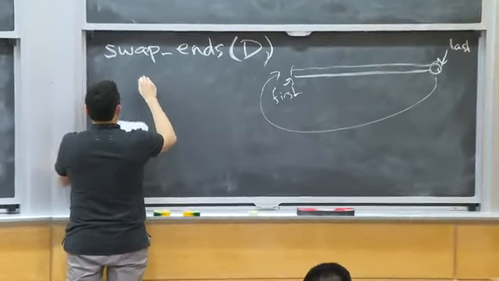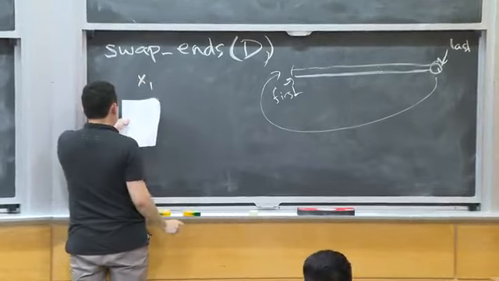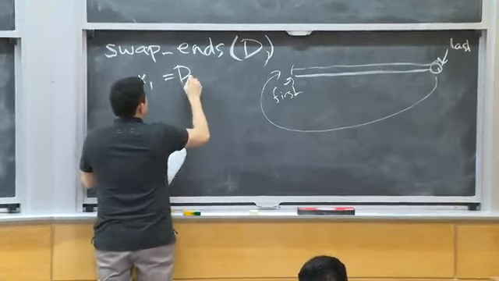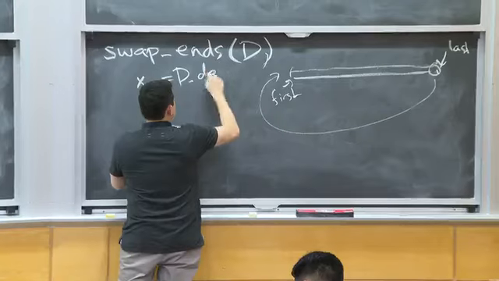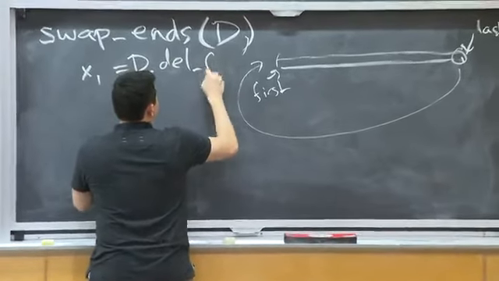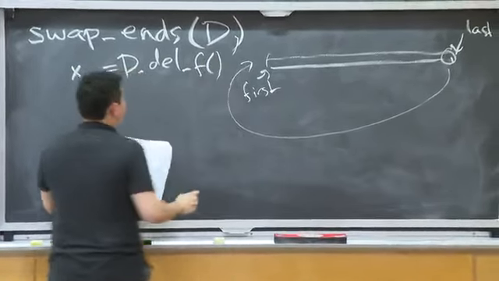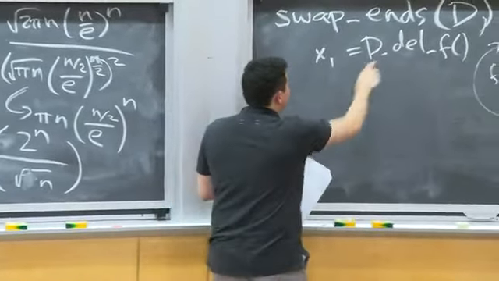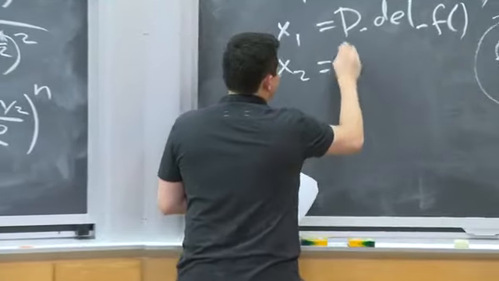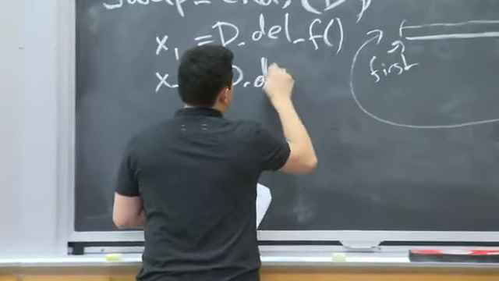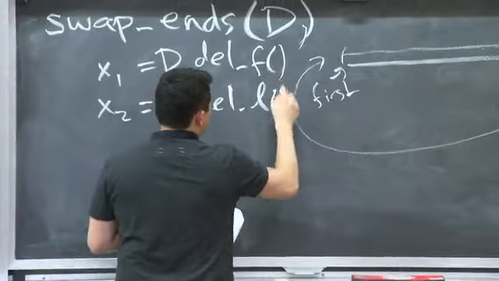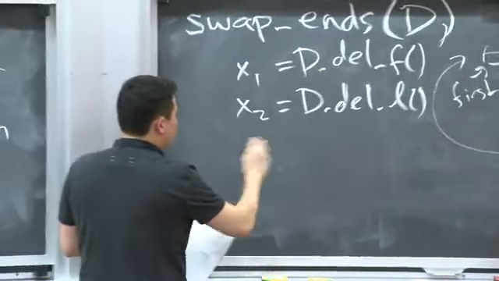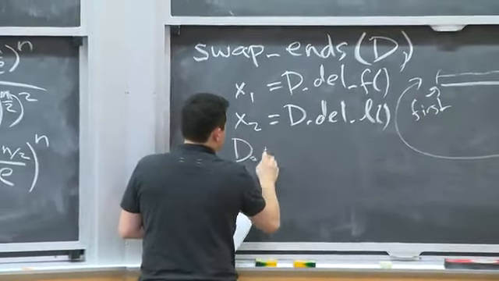I might take the first one, right? I'd delete first. Okay, I'm really abusing notation here, but that's okay. You get what I'm saying. Delete the last, and then store them in their respective places.